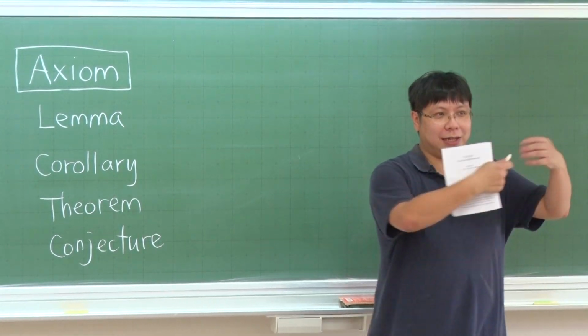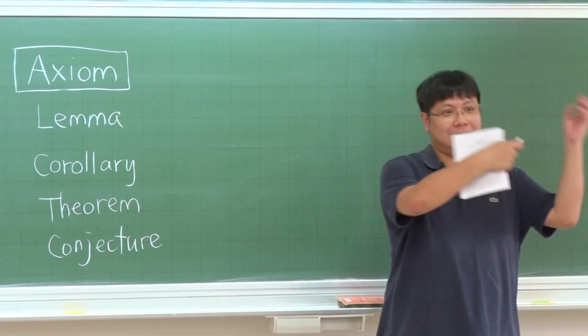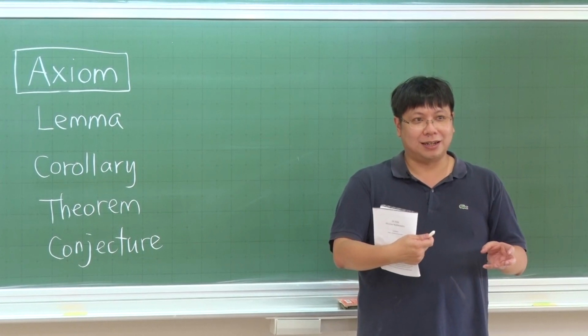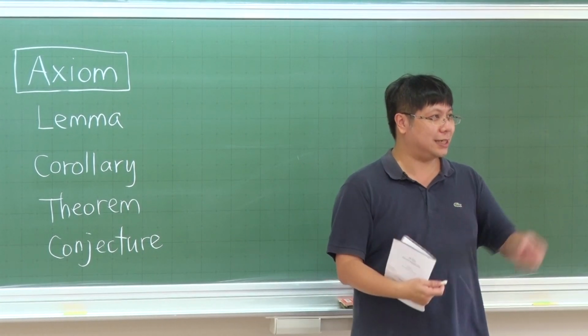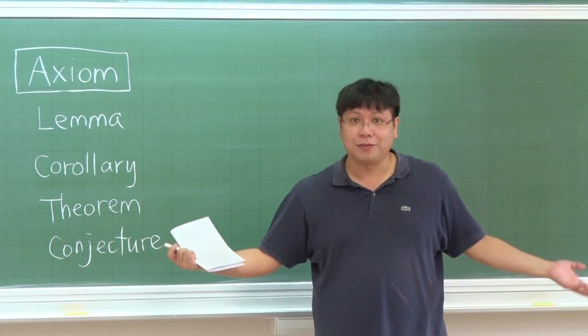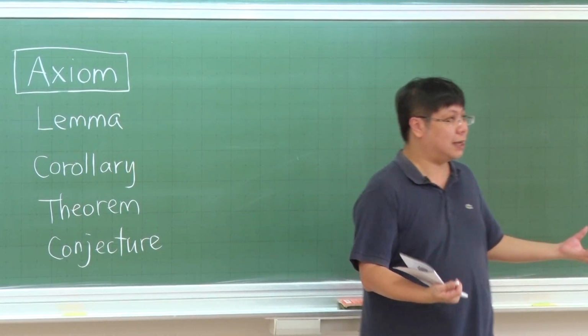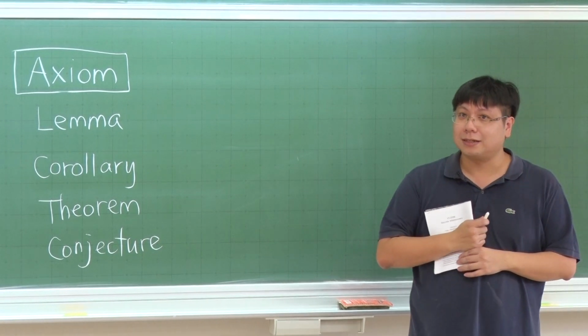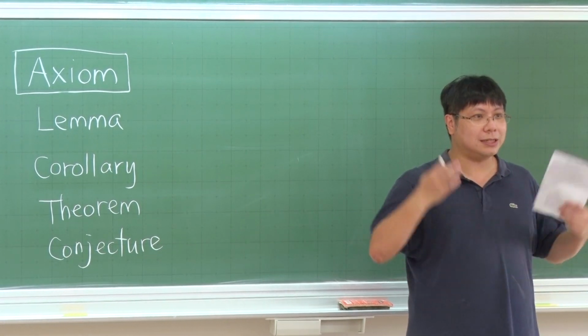And then for every integer, there is another integer such that it is the successor of it. So 0 has a successor of 1, 1 has a successor of 2, and so on and so forth. This does not make sense if you need to prove it. This, we need to believe.